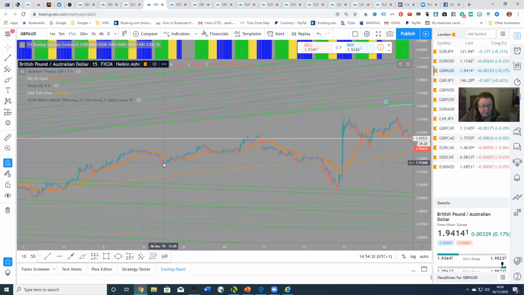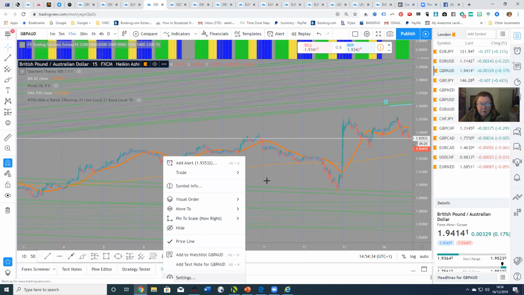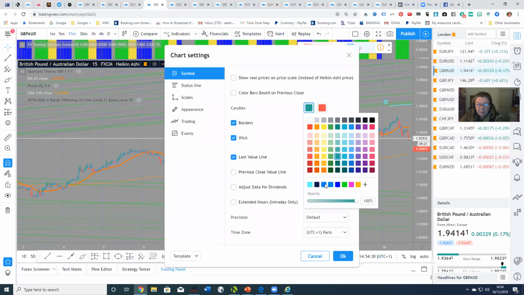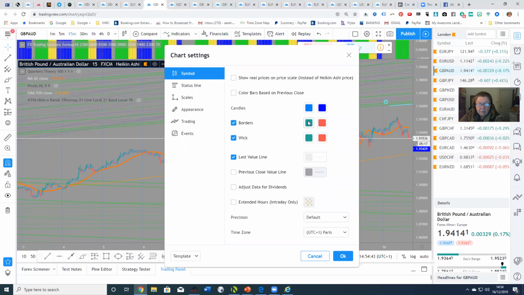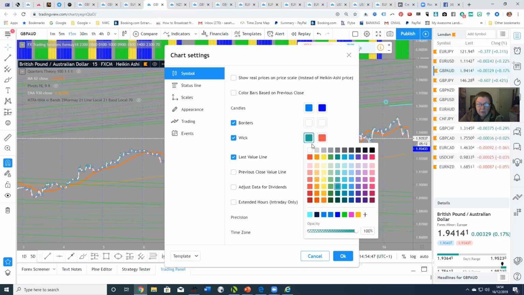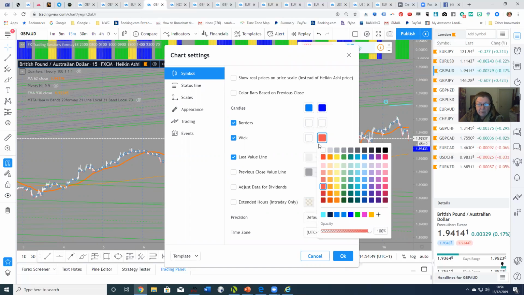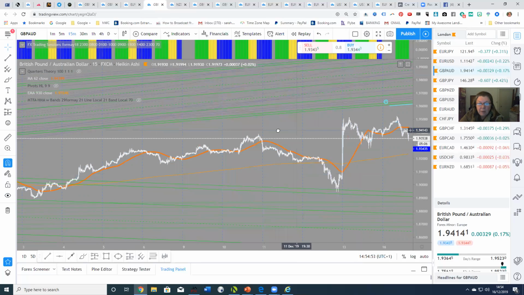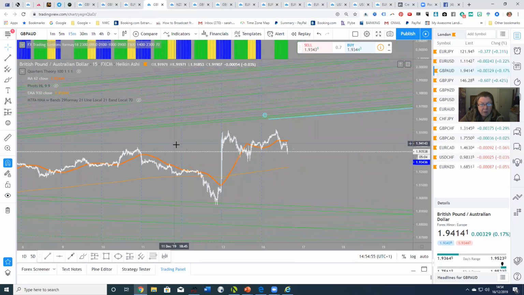And this obviously isn't one I trade very much because I've changed all my candles to the colours I like and haven't done it on this one. Just give me 30 seconds to switch them over. It's always good to have everything consistent, and you don't have to think about them too much.